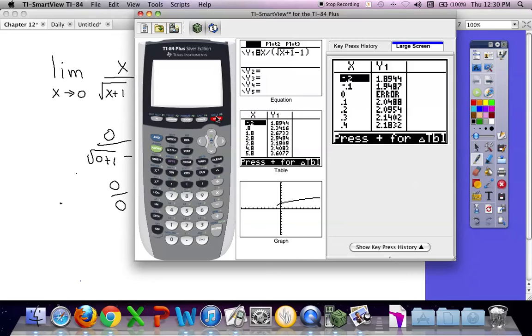Second table. Okay, so now the value before is 1.9487. The value after is 2.0488. Why don't you try to take the average of those? Do we get the same thing, or do we get a little better answer?